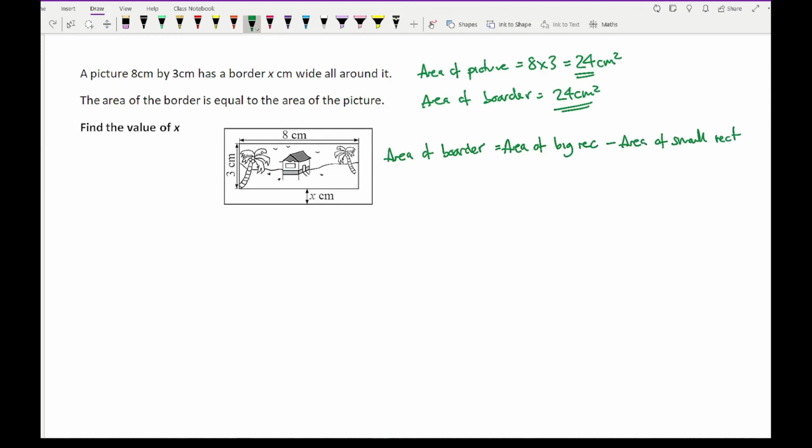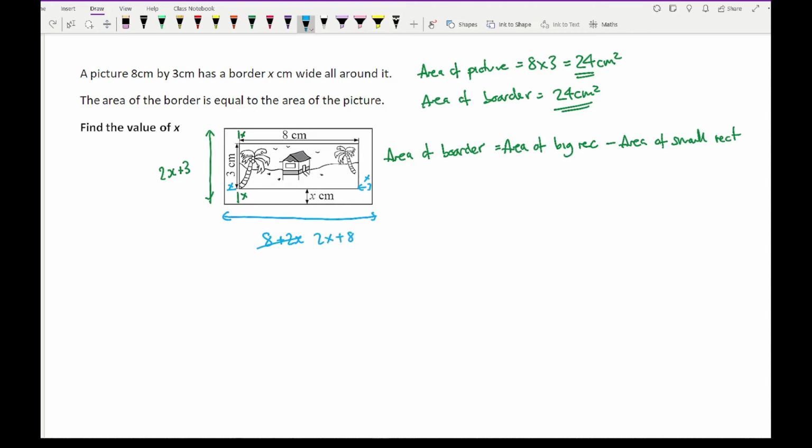So this length here has got two x's. There's one x there and one x there. So this is going to be 2x plus 3. And this length here is going to be 8, and then I've got to add two x's there. That's going to be 8 plus 2x, or 2x plus 8.